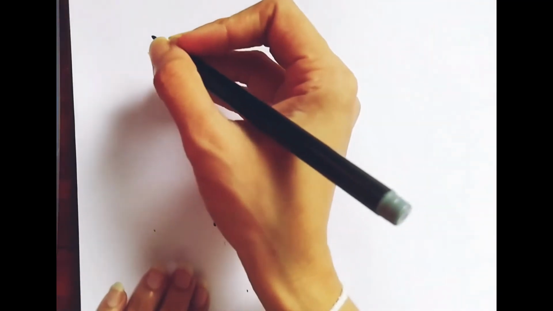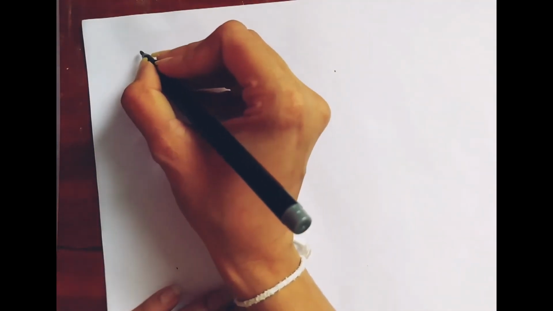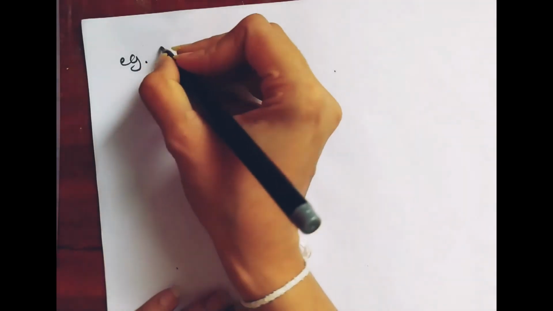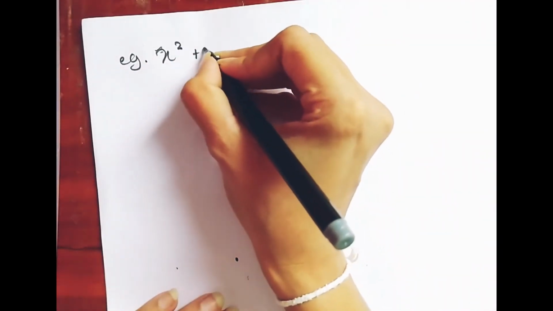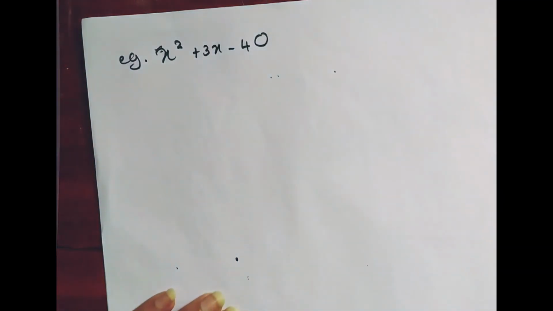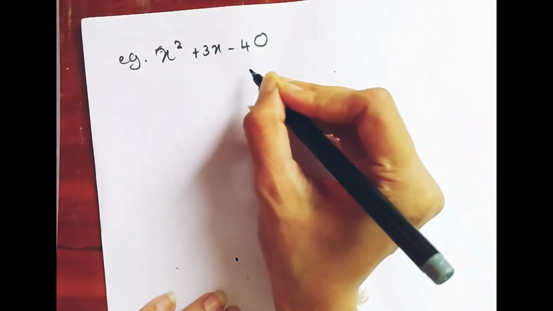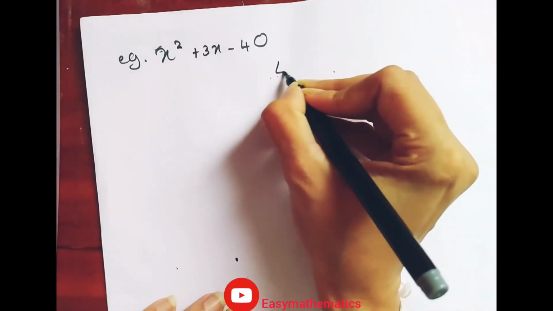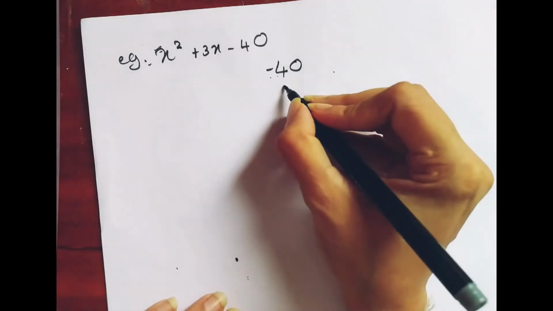If I take this new paper, we'll take another example: x squared plus 3x minus 40. Now how? You have minus 40 here, right? So I'll take 1 into minus 40 gives you minus 40.